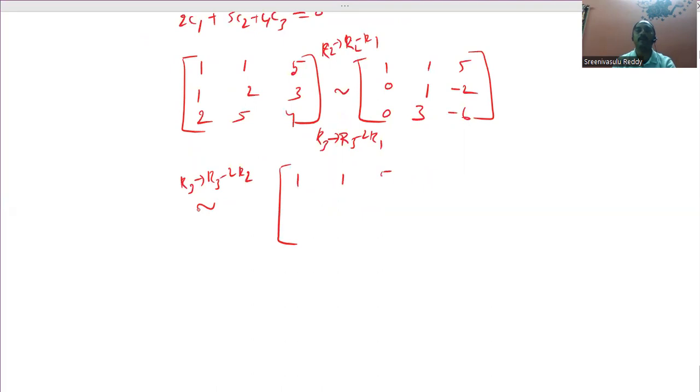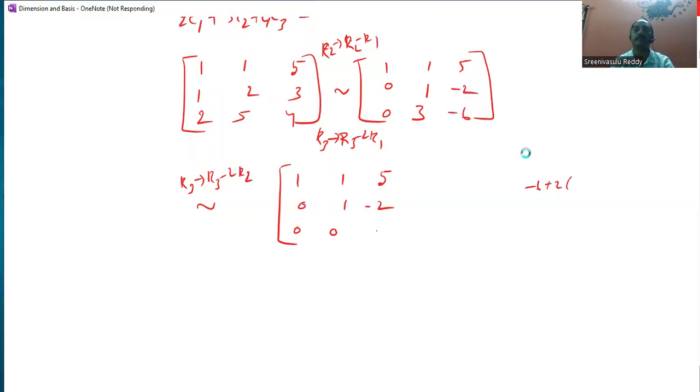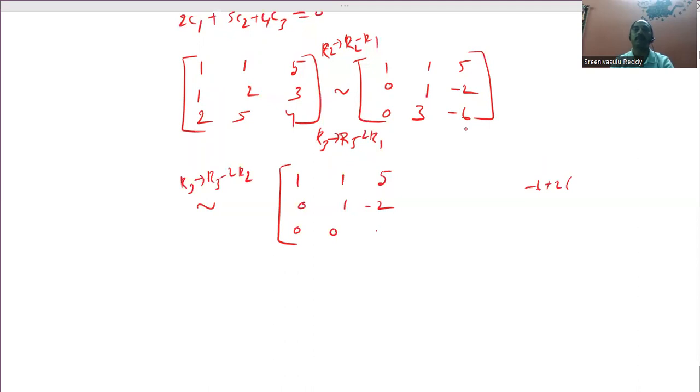Convert the matrix to echelon form. Here 0, here 0, 3 times minus 6, minus 6 plus 2 times minus 6 minus 2 times R2.